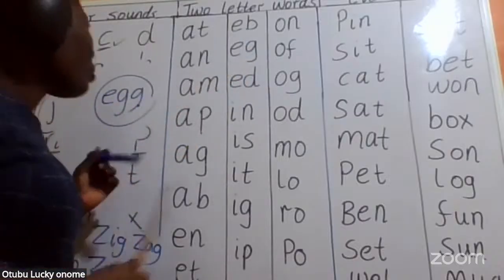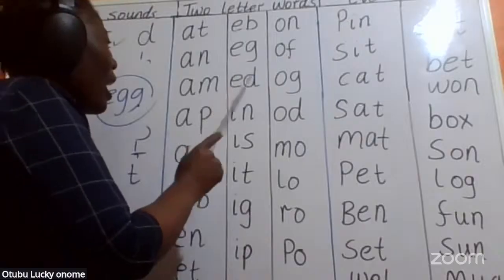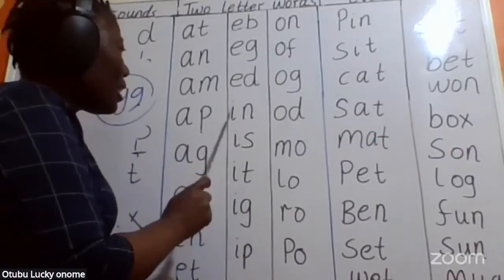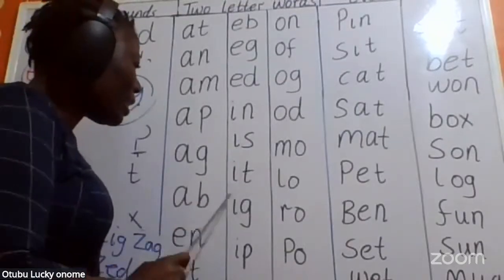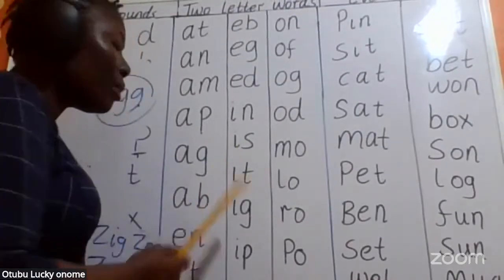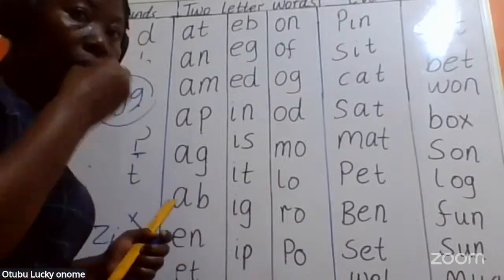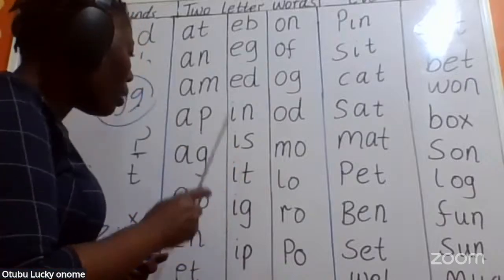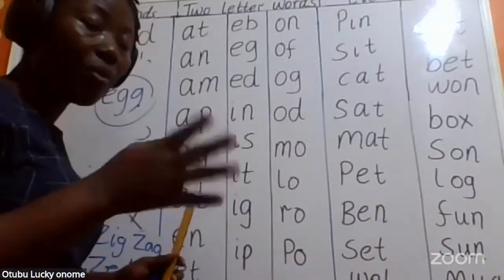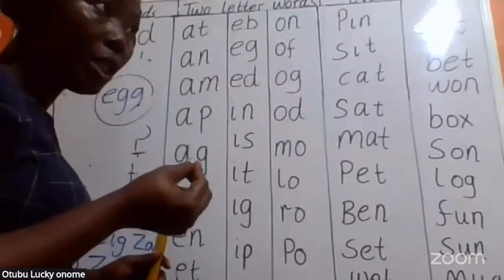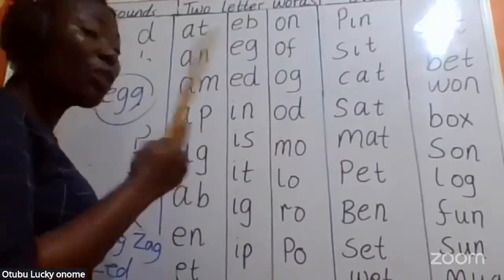Then we have ed, in, is, it. This eat means it is a cat, not to eat food. Of course they have the same pronunciation, but their meaning is different and their spelling is different.